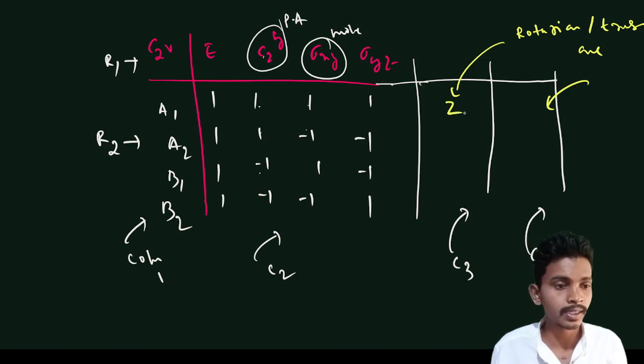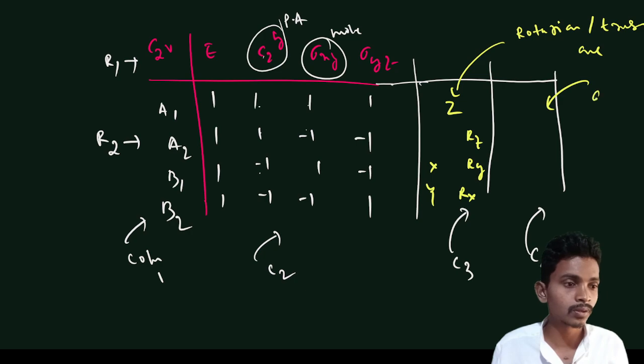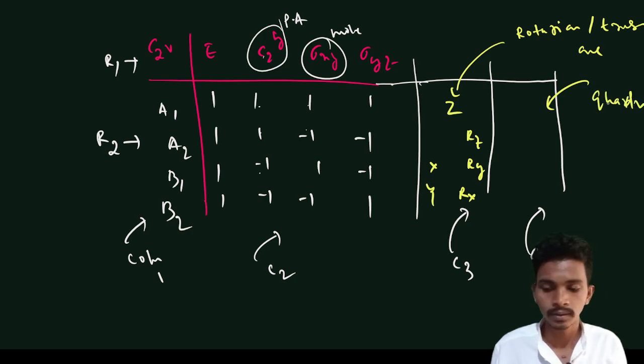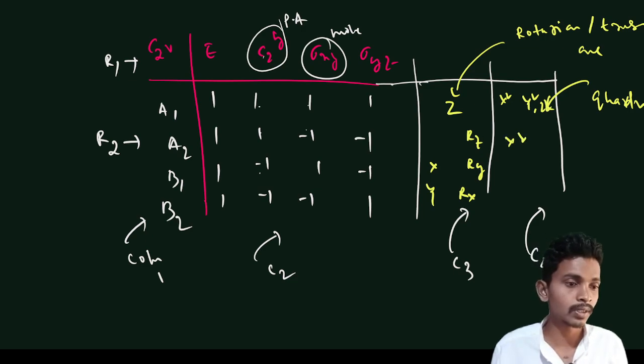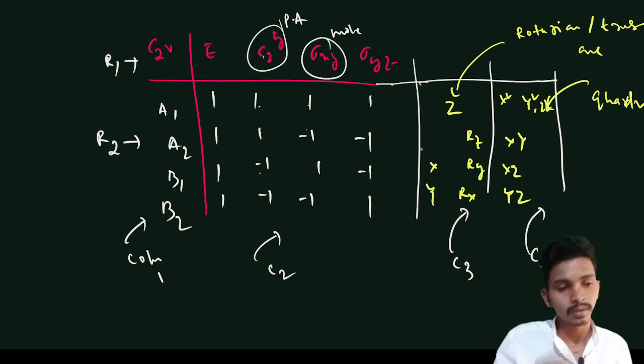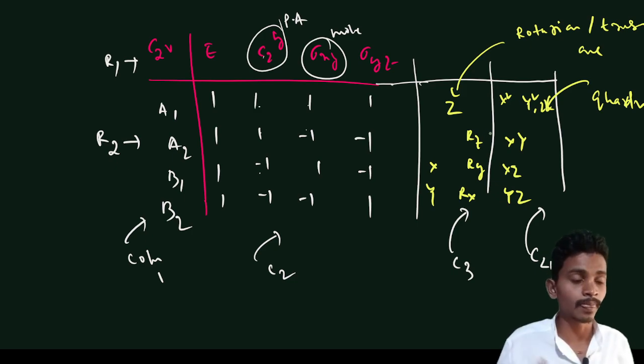So here, like z for water, and here like Rz, and here like x, Ry, and here y, Rx, and here the quadratic values, that is either x square, y square, and z square, and here xy, xz and yz. How these values come we will discuss in the next class. Although this is not important, the only important thing is that you have to draw this much.